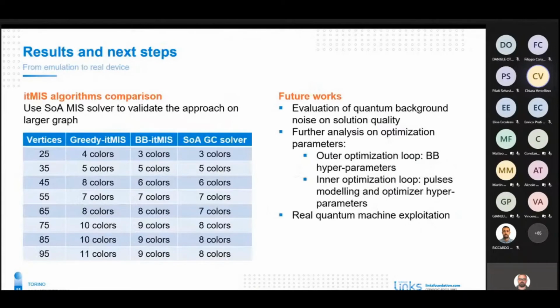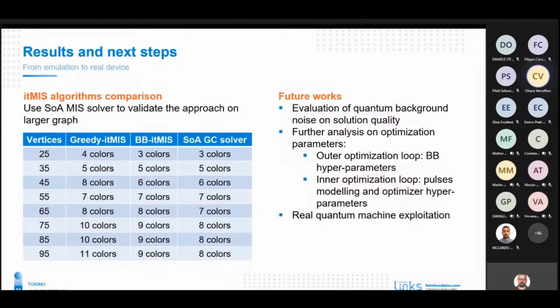To validate the iterative approach, we exploited a state-of-the-art MIS solver, just because scaling up with a higher number of vertices in the graph would not be so trivial exploiting the Pulser library.